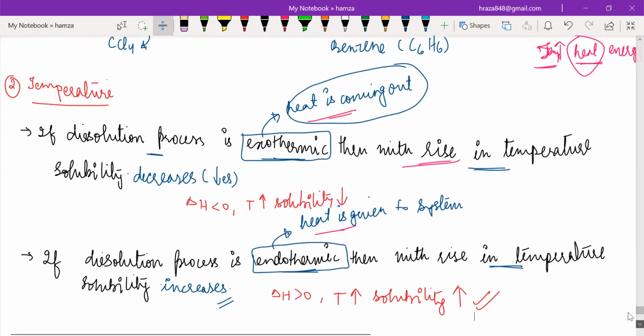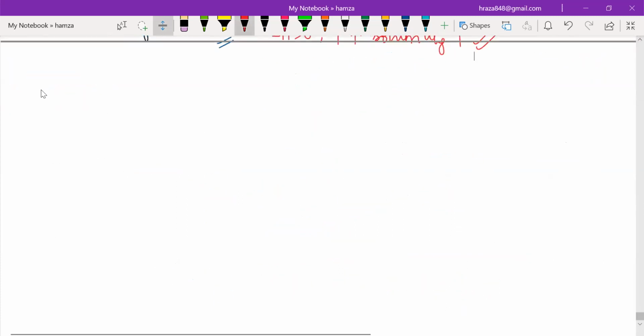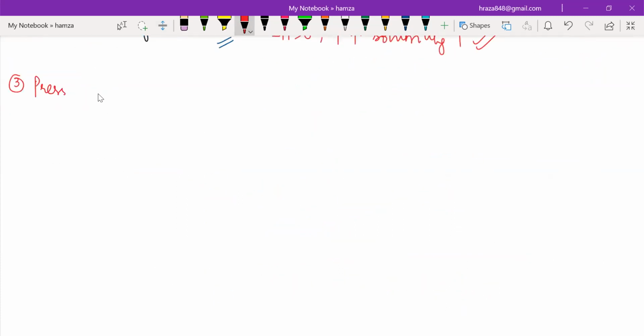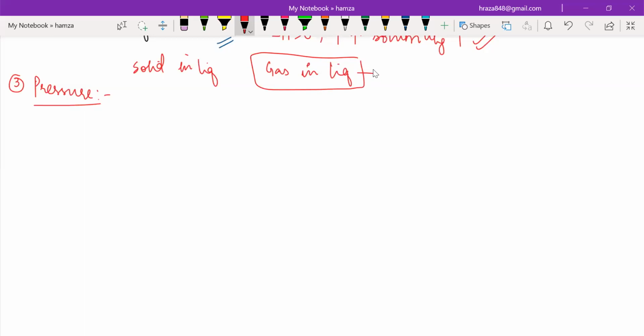Okay. The third factor comes out to be pressure. So generally, we mix solid in liquid and gas in liquid. Gas in liquid we will study after this topic in Henry's law.